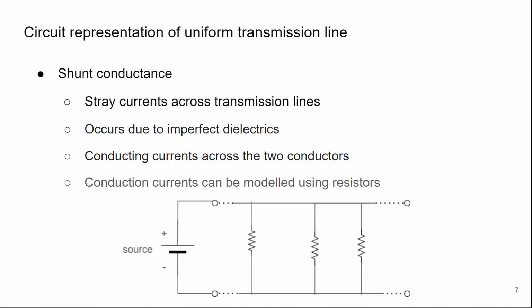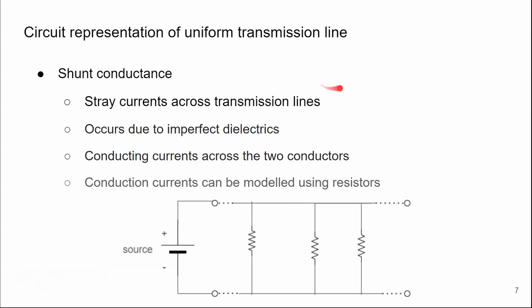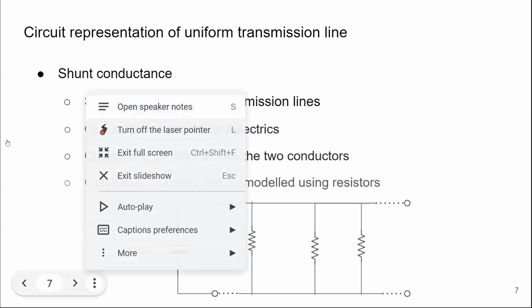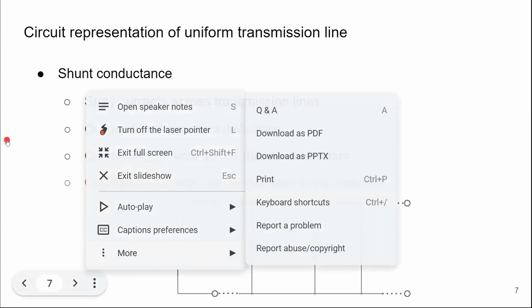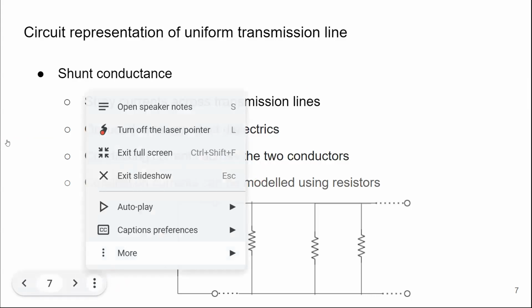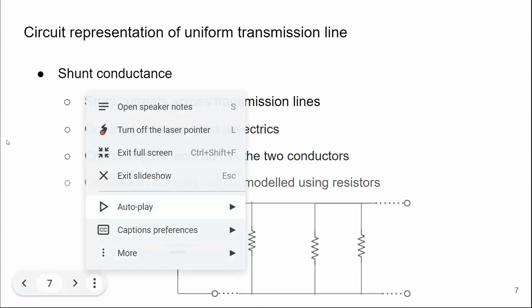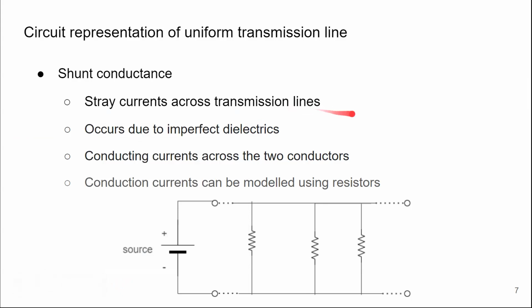So once we take a transmission line, we are considering a uniform transmission line. So what I mean is that each cross section of the transmission line is equal at all points.